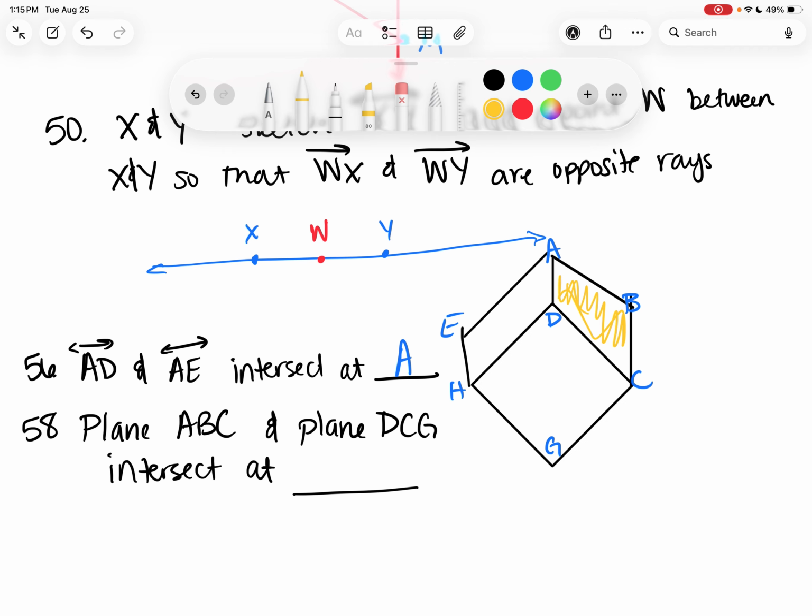And then I've got DCG, so that's this one. So what line do those two planes intersect at? DC. Yep, DC. And I would want to put the line marking over it.